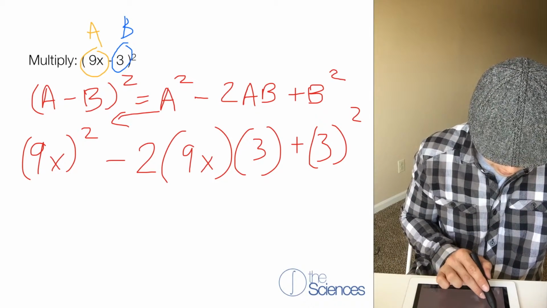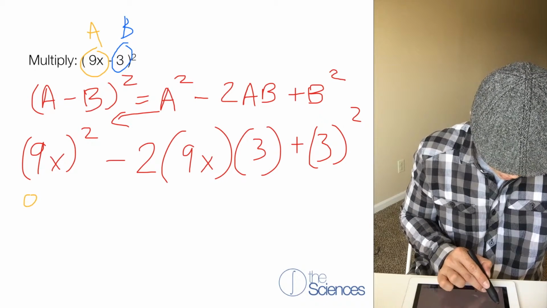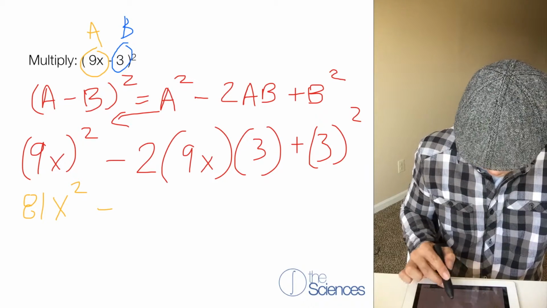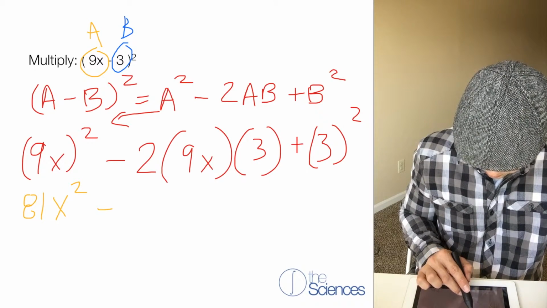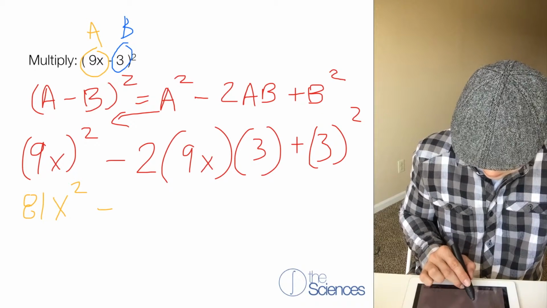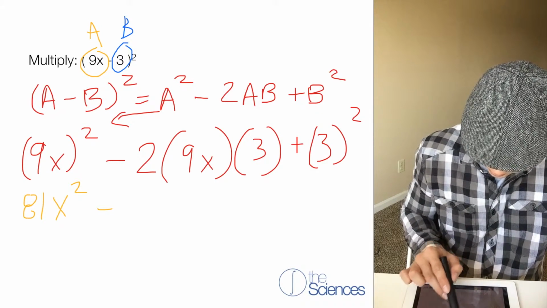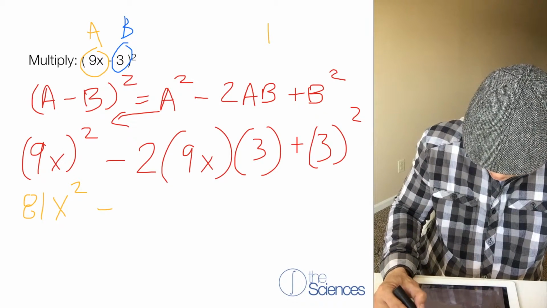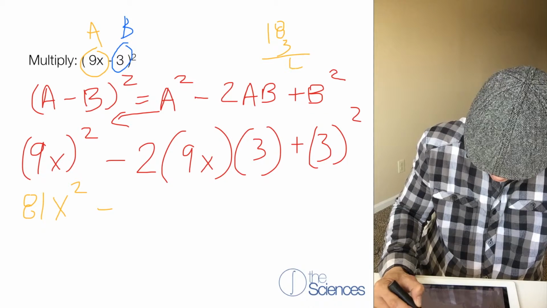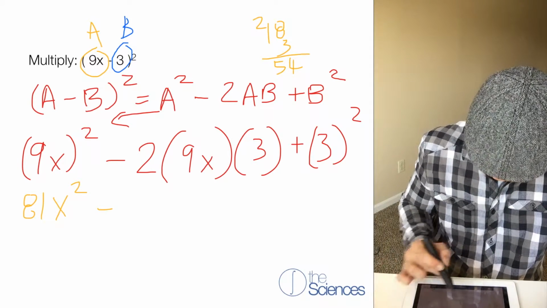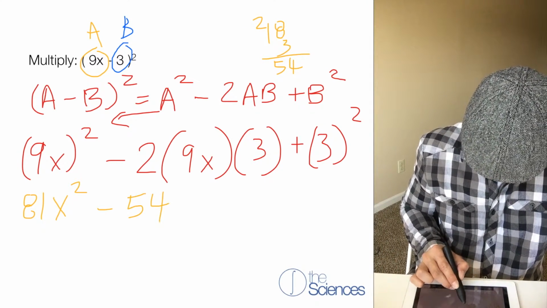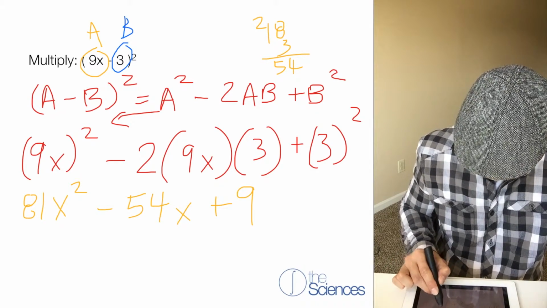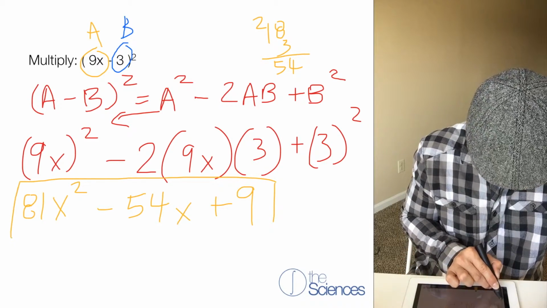So now we have 9x squared, which is 9 times 9 is 81x squared, minus 2 times 9 is 18, and 18 times 3 is 54, 54x, plus 3 times 3 is 9. So that's our answer.